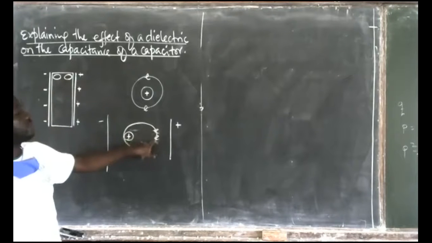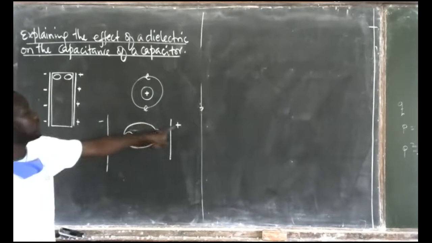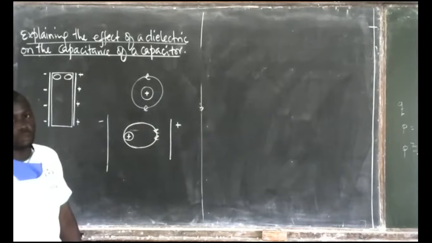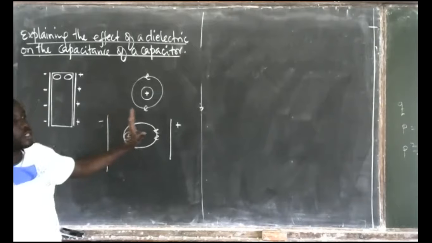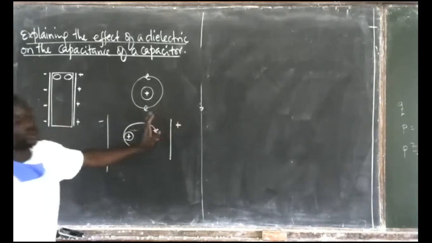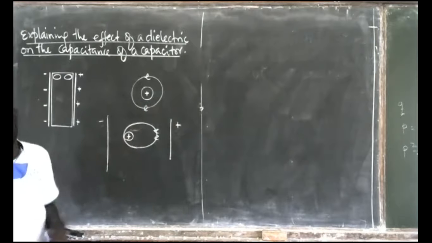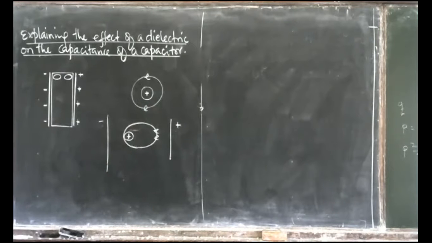These electrons are not free to leave the orbit to go and neutralize the plate. They cannot. They are bound electrons, or bound charges. So they can only get closer to that plate, but not neutralize it. Why? They cannot leave this atom, since they are insulators. Insulators don't have free electrons. The electrons are not free to move, so they will remain.